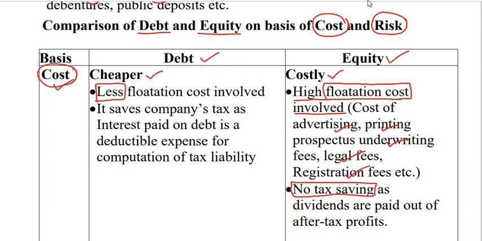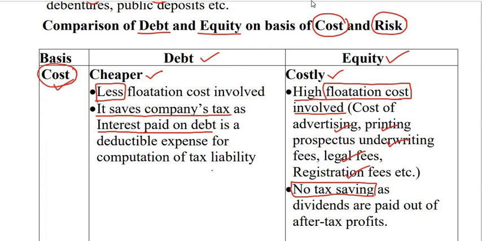So dividend does not save the tax of the company, whereas in debt, debt saves the tax. And the main reason why it saves the tax is because the interest which is paid on debt is a tax deductible expense, which means that when you pay tax, interest is paid first and then tax is paid. So it saves the tax of the company.